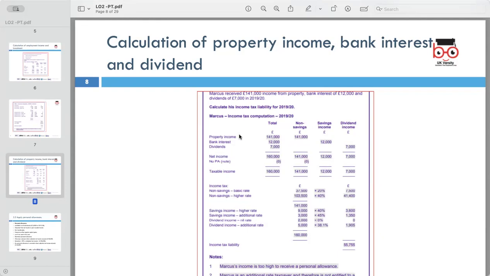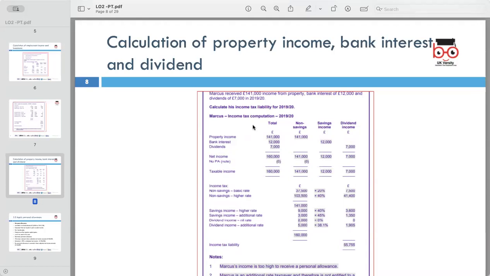His income is received from three different sources: property, bank, and dividends. So to calculate his income tax liability, we need to determine his taxable income.